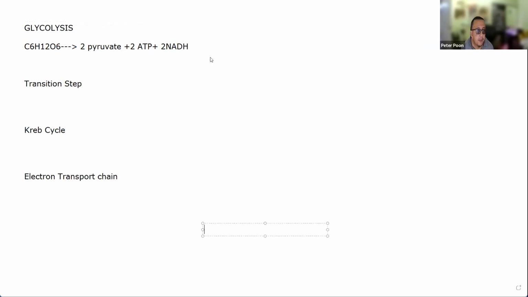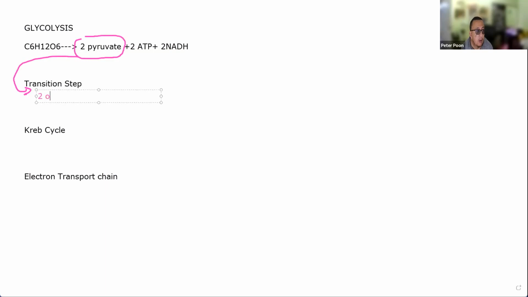Okay. So now I'm going to take pyruvate and we'll use this in my transition step. Pyruvate, the transition step will be pink.